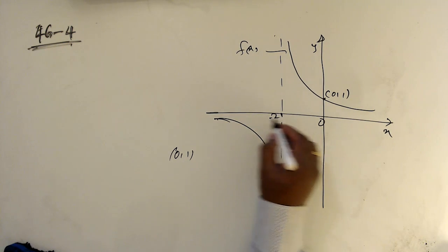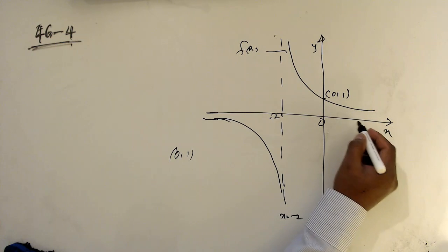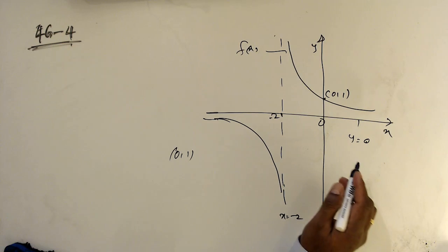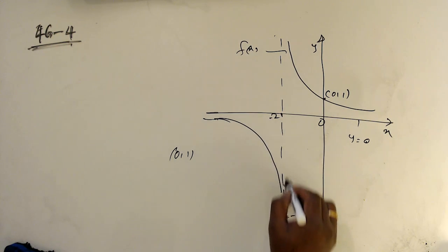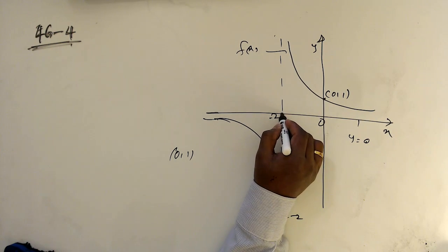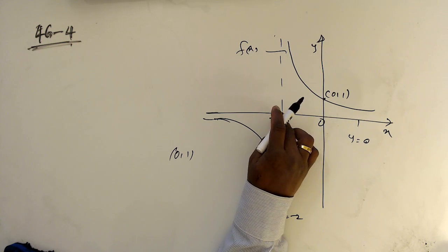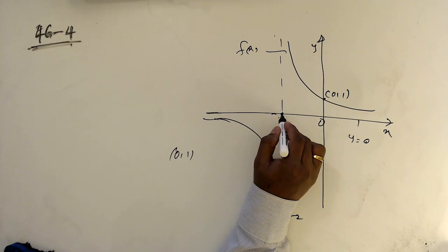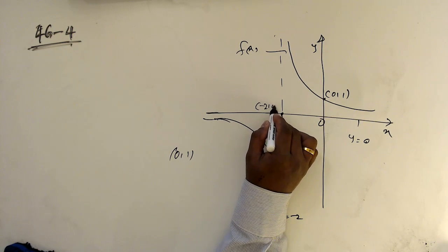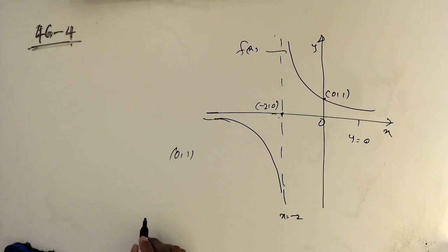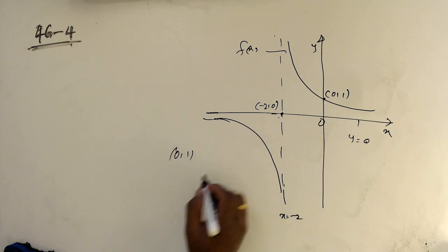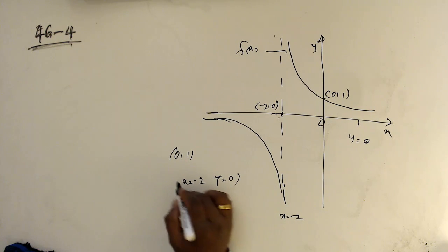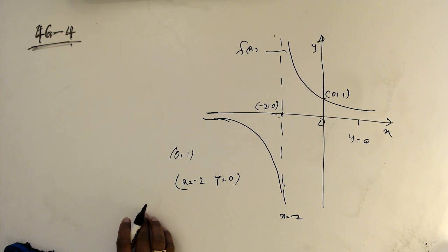I know this is an asymptote, y equals 0, the x-axis line. This is the line x equals minus 2. If I take this point, two asymptotes cross here. This point is (-2, 0). I know x equals minus 2 is one asymptote, y equals 0 is one asymptote, so (-2, 0) is also a good point.